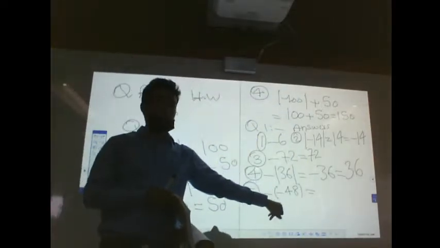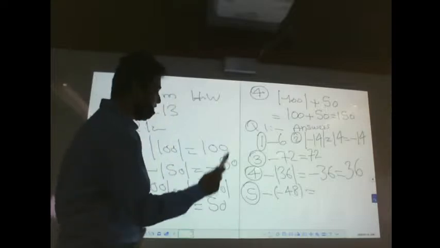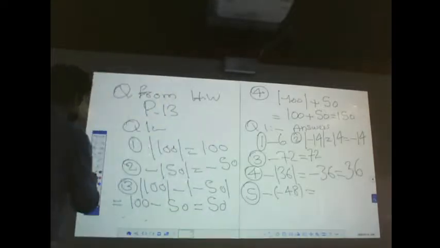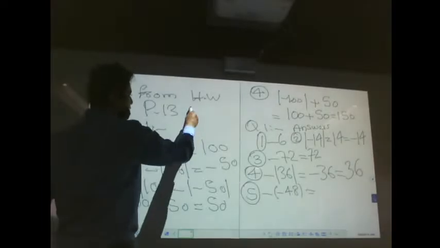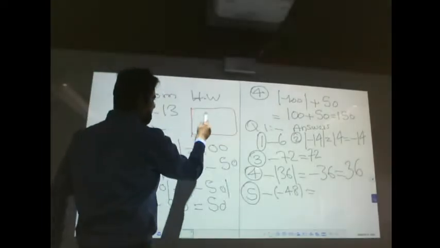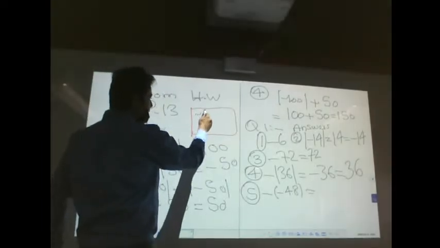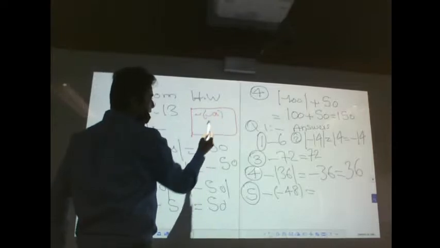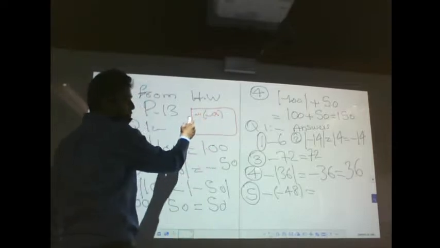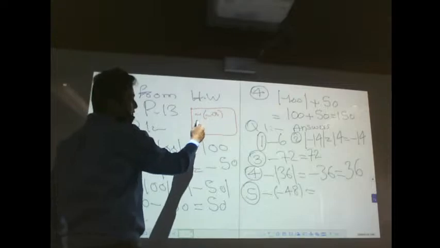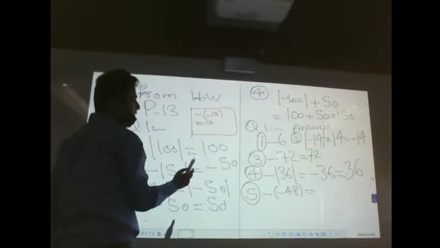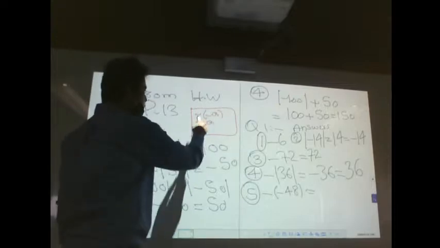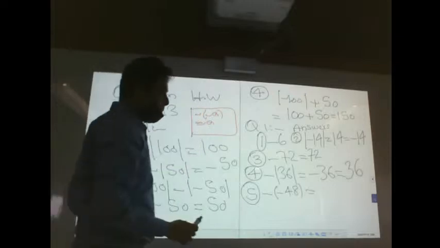Negative a means the opposite number. Let's say if we have minus a, it means the opposite of a, right? The opposite of negative a is equal to a, right? So when we have a minus outside, it means the opposite number.